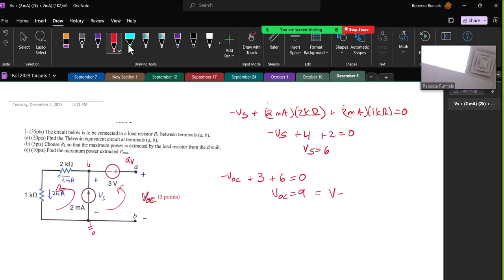So V open circuit has to equal V Thevenin, which is 9 volts. Okay, so now we need to find R Thevenin.